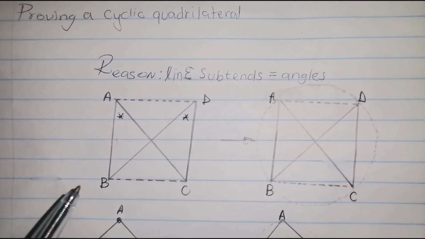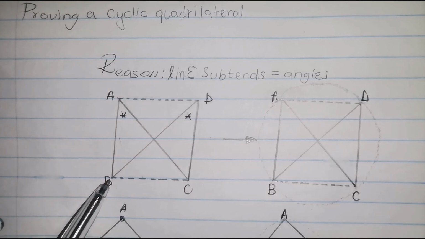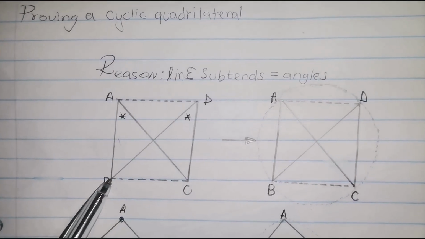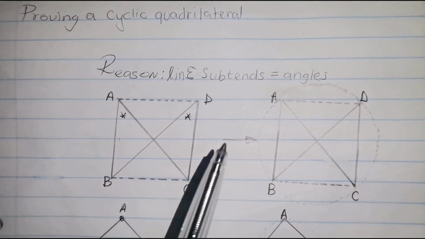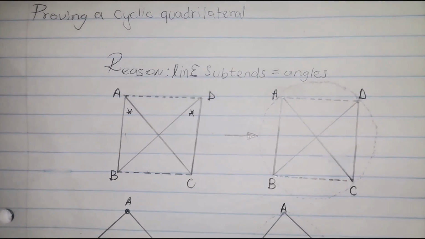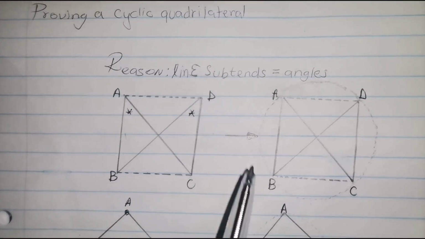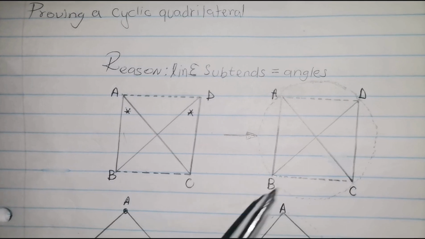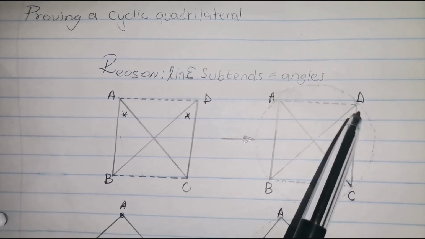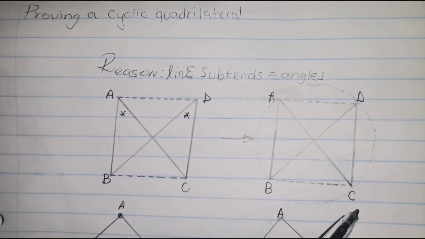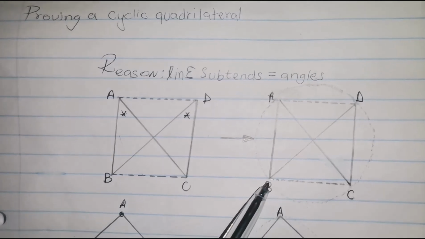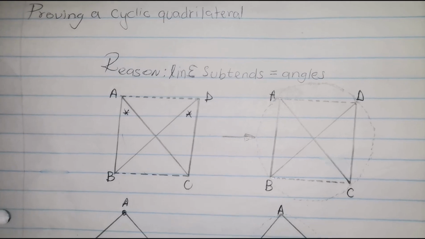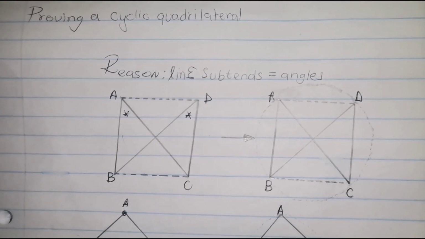So if we have 4 points on a circumference, remember, then this is a cyclic quadrilateral. If we have 4 points of a quadrilateral that touch the circumference, then that kind of quadrilateral is a cyclic quad.